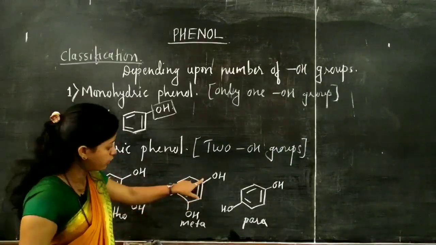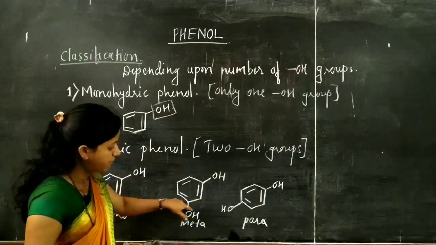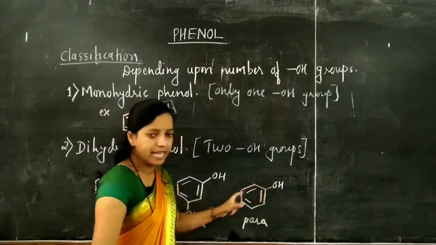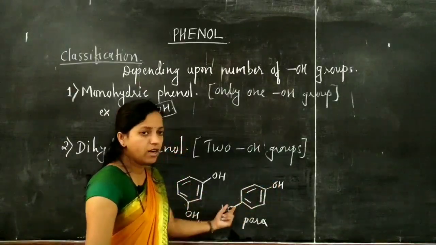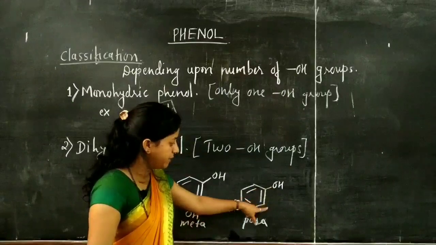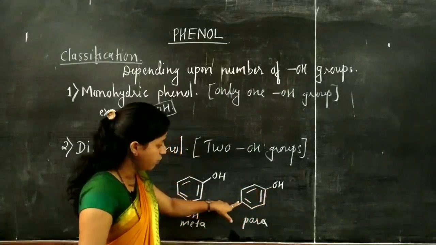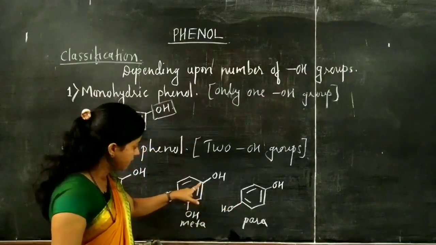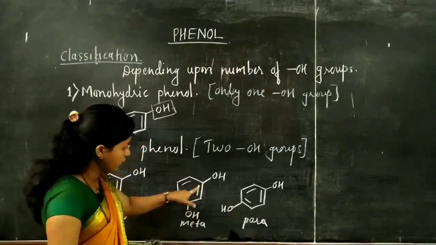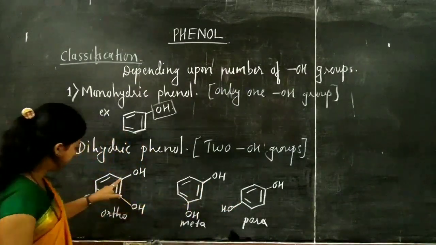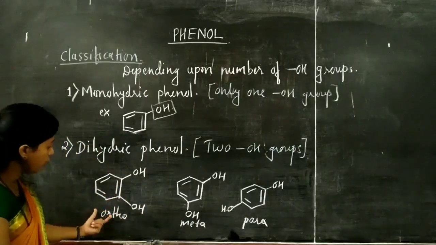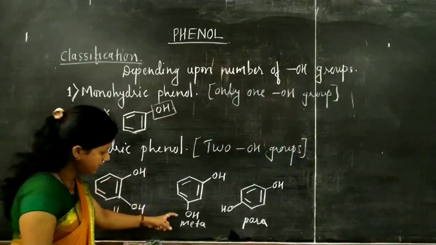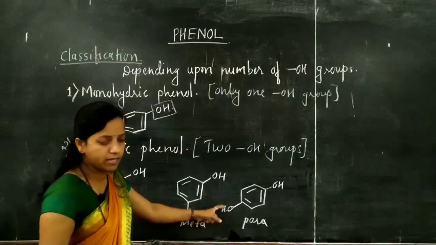The OH groups are present alternate, after one carbon, and para means exactly opposite. The OH groups are present opposite, so it is 1,4. If we number this, it is 1 2 3 4, so it is 1,4 diol. Here it is 1 2 3, so it will become 1,3, and here it is 1,2. So it is orthophenol, metaphenol or paraphenol.